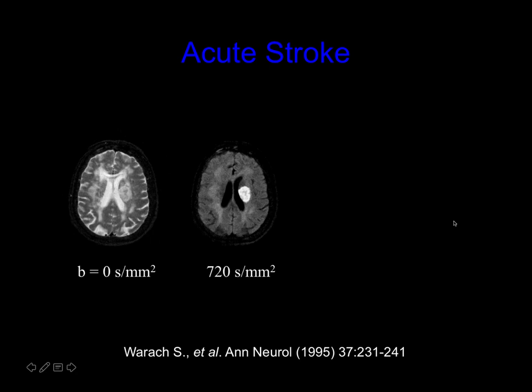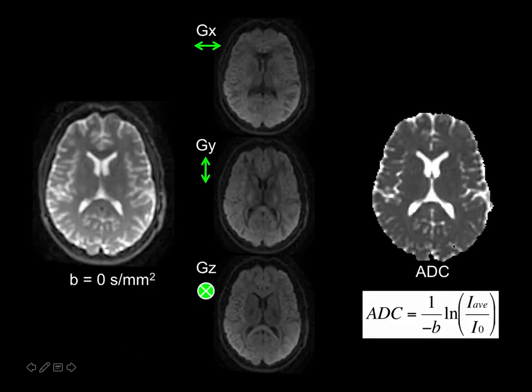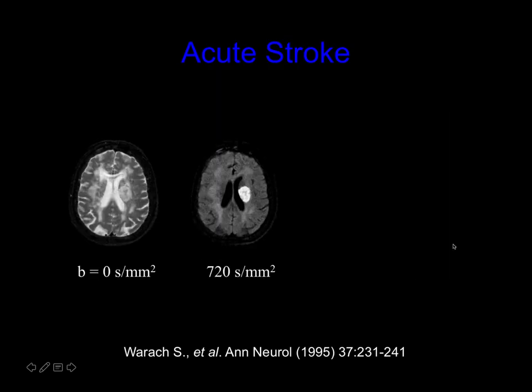So this is what is used clinically very often, this apparent diffusion coefficient, looking at the average weighting. And often there's the non-diffusion weighted image, and then what is called the isotropic diffusion weighted image. So when you take those different directions and make what is that average intensity. So here this is the isotropic diffusion weighted image at a b-value of about 720.